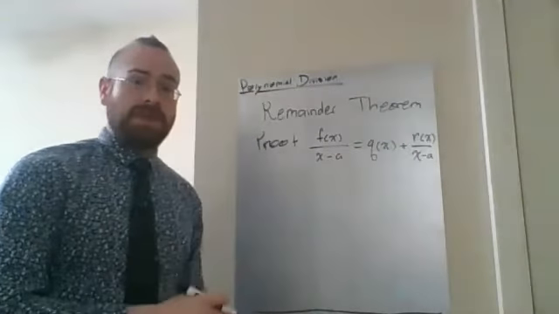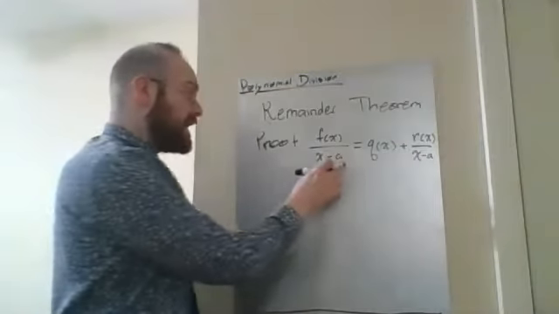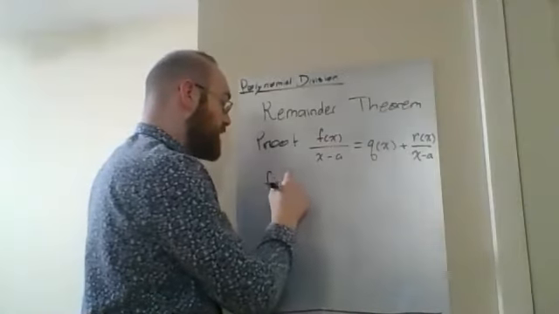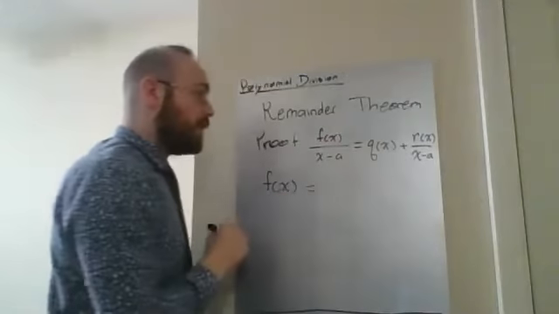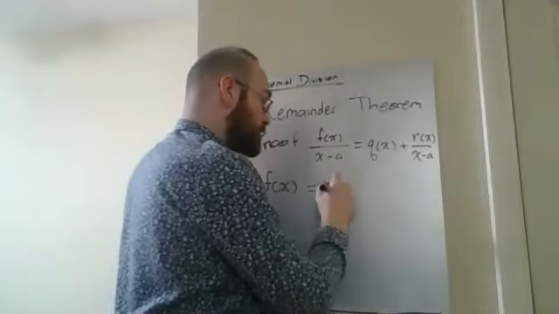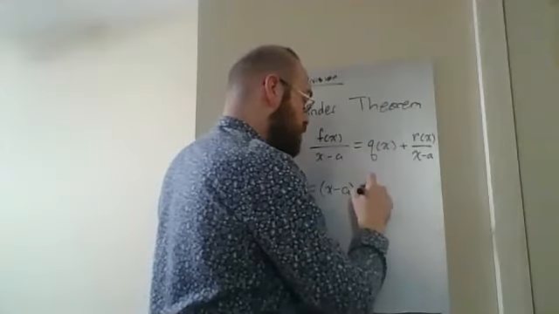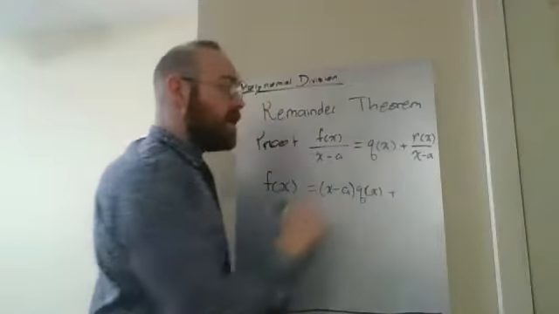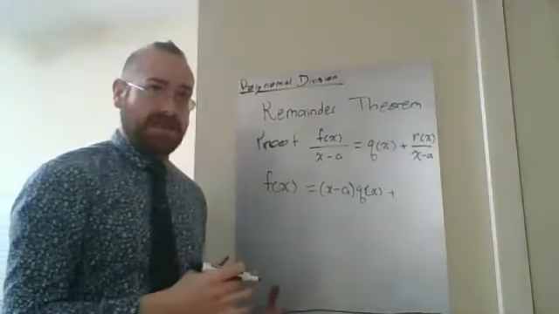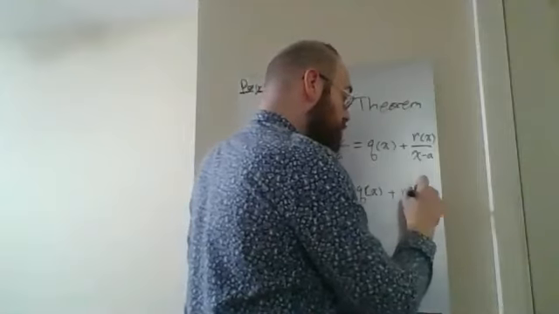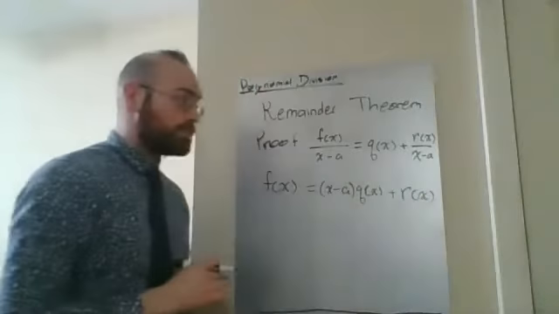Now let's multiply everything by x minus a. Well, on the left-hand side, it just cancels out, so we have f of x. On the right-hand side, we can multiply our first term. We have x minus a times our quotient, q of x. And then when we multiply r of x divided by x minus a by x minus a, the denominator cancels out, and we're just left with the remainder.